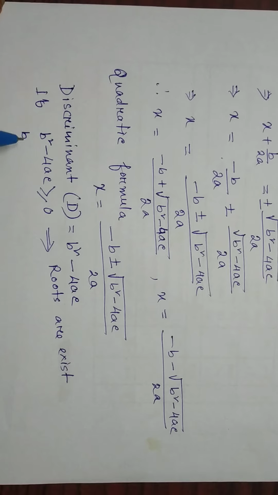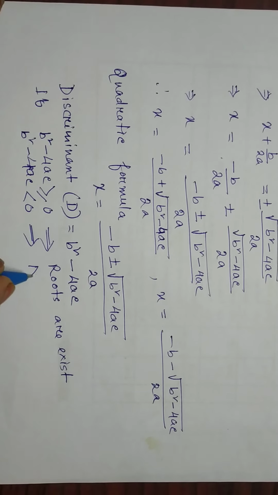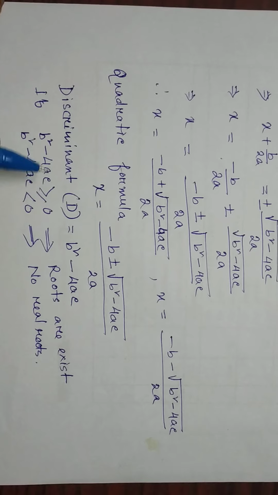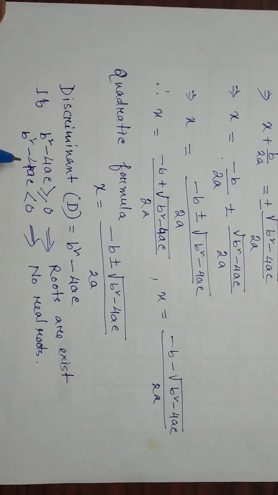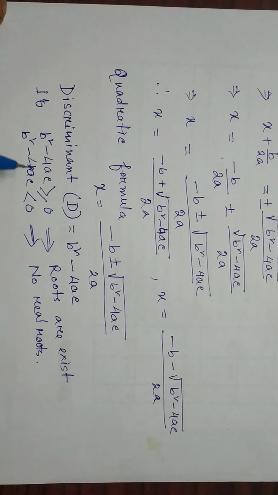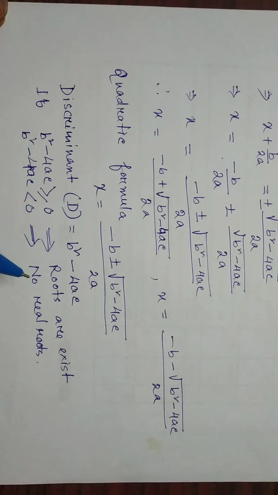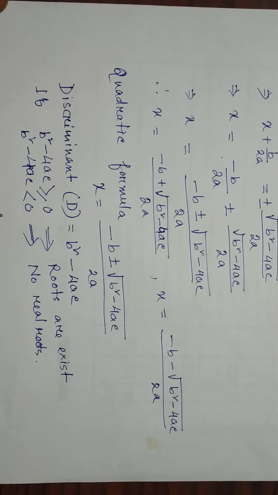And if b square minus 4ac is less than 0, then there is no real root. That means if we find b square minus 4ac greater than or equal to 0, then we can solve for the value of x. But if b square minus 4ac is a negative value, then no need to find the value of x. Why? Because there is no real root.